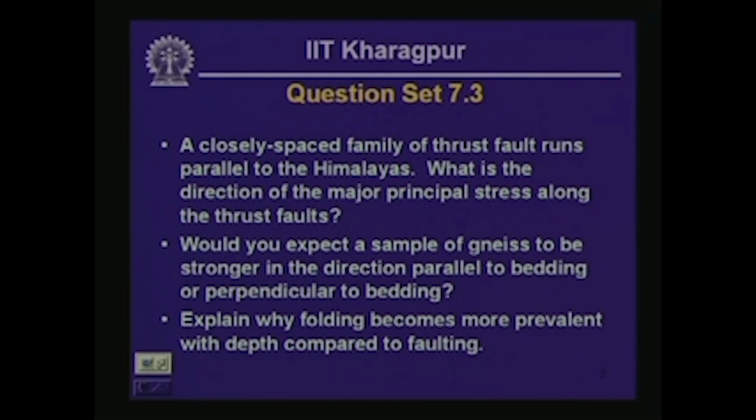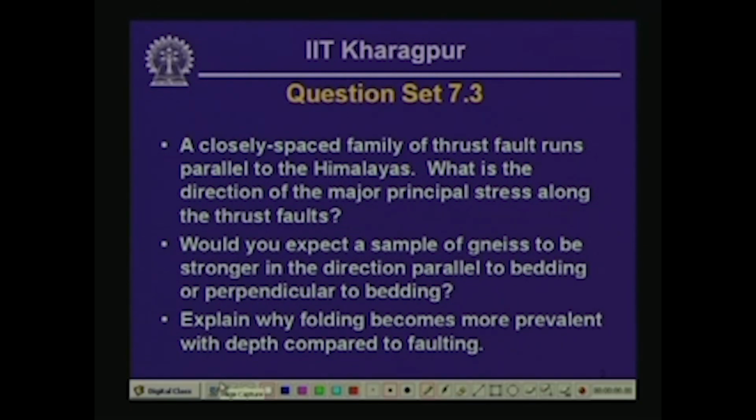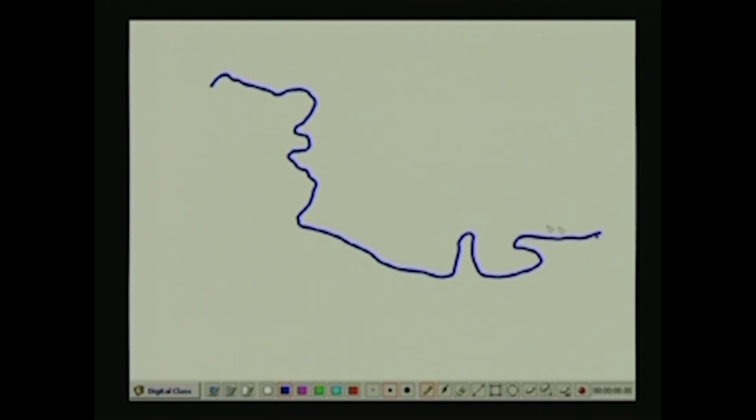The first question was: a closely spaced family of thrust faults runs parallel to the Himalayas. What is the direction of the major principal stress along the thrust faults? Now let's say if you look at the northern part of the country, then it might actually look like this, and the Himalayas run in this direction.